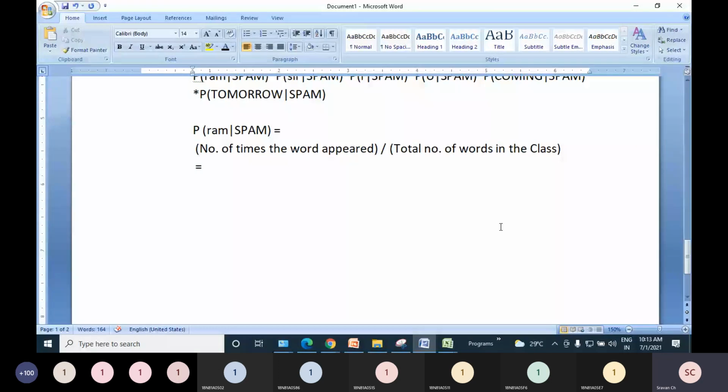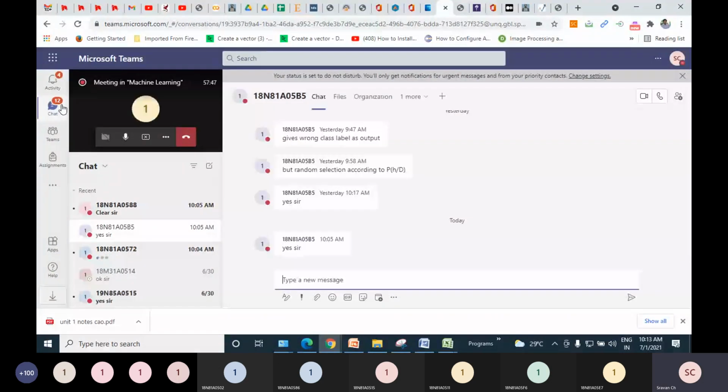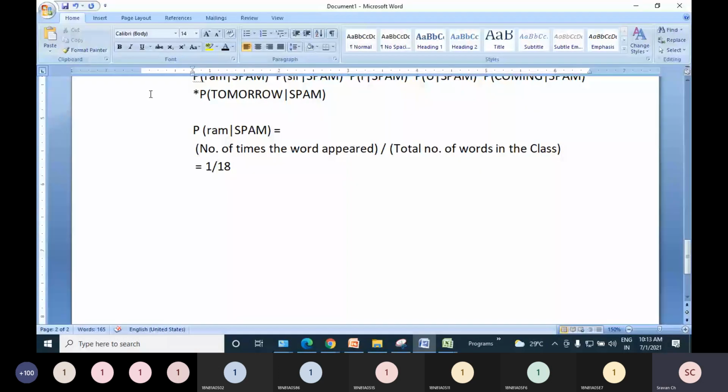So it is some 1 by 18. Am I correct? Any responses? 1 by 19, right? 1 by 19. So this is the answer for one word called Ram. Now similarly I need to find the probability of Ram Sir by spam.